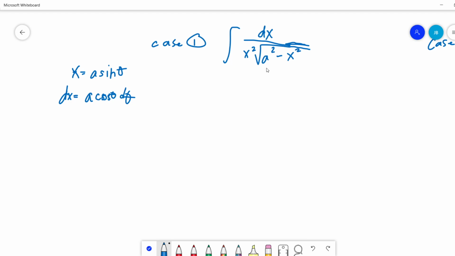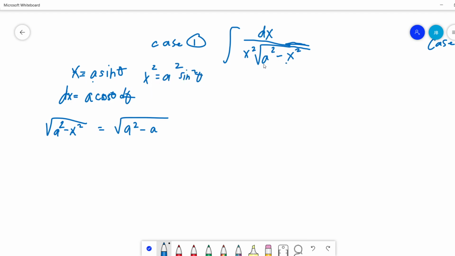And let's further simplify the square root of a squared minus x squared. Look, your x is a sine theta, therefore x squared is a squared sine squared theta.